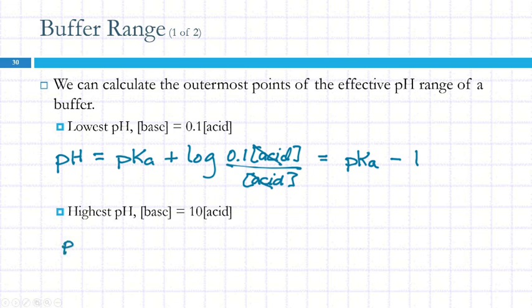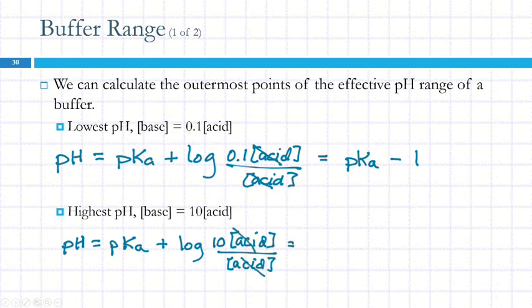And do the same thing down here. Here, the base concentration is 10 times as big as the acid. So this ratio is going to be 10. And we're going to get pKa plus 1.